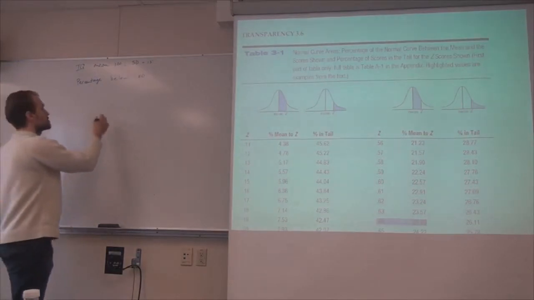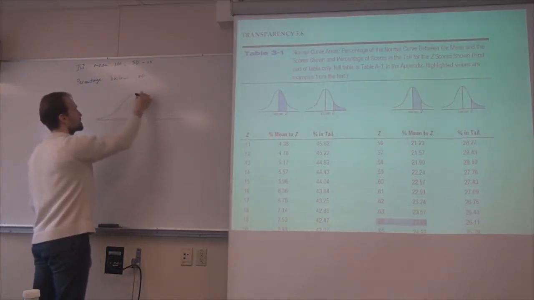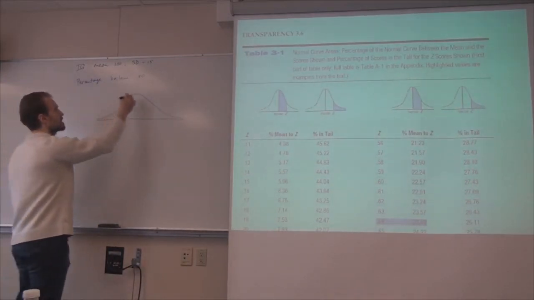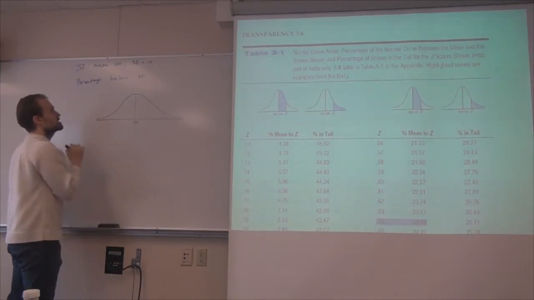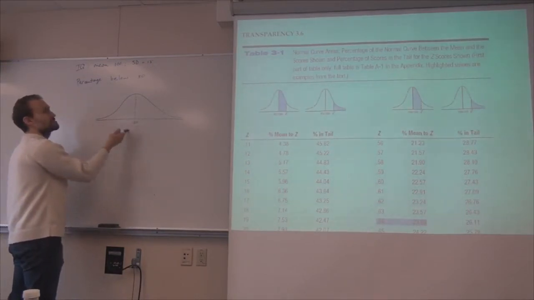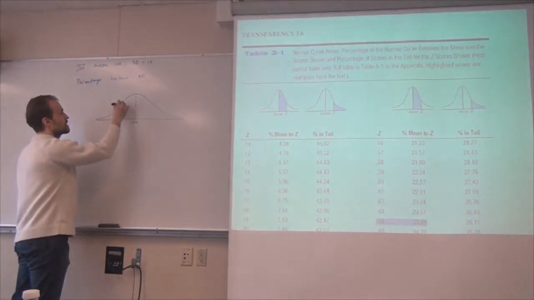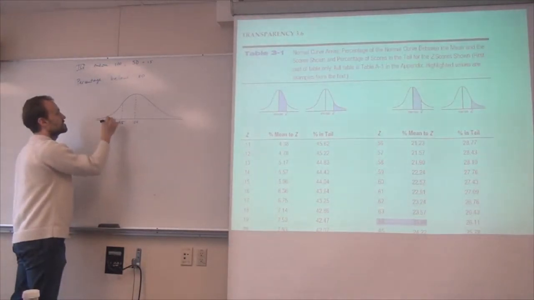So now I want to visualize what I'm doing. What is the region that I'm looking for? Well, my center line is the mean, that's at 100. 15 is my standard deviation step size. So if I step one to the left, that would put me at 85.